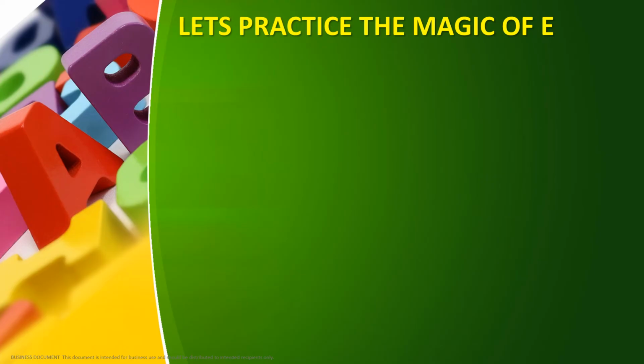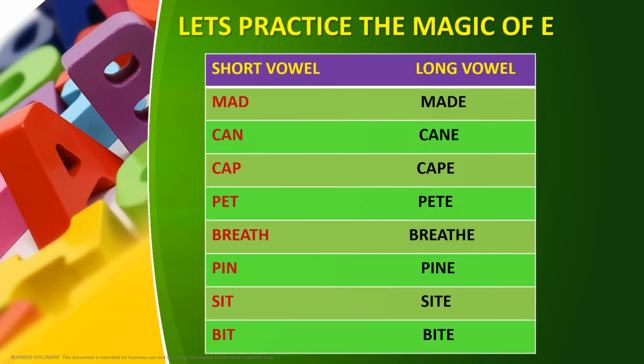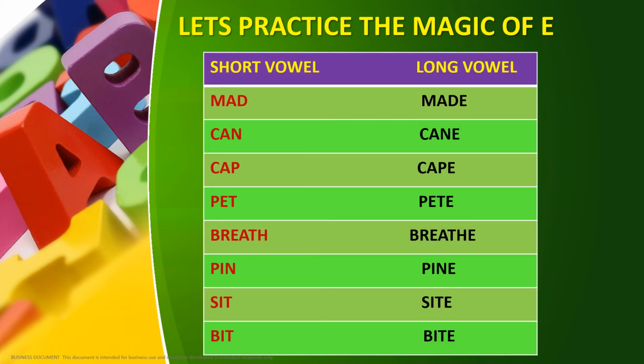Let's practice the magic of E. Let us see how E changes a word very quietly without making us listen to the sound of E. Mad. Mad becomes made. So here mad, a sound becomes a sound when we add a silent E at the end of the word.